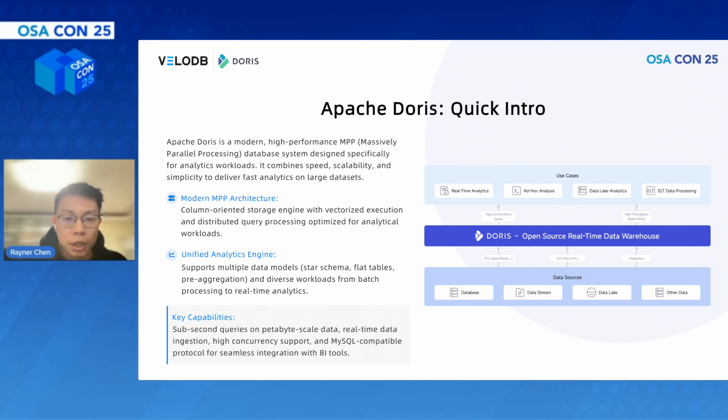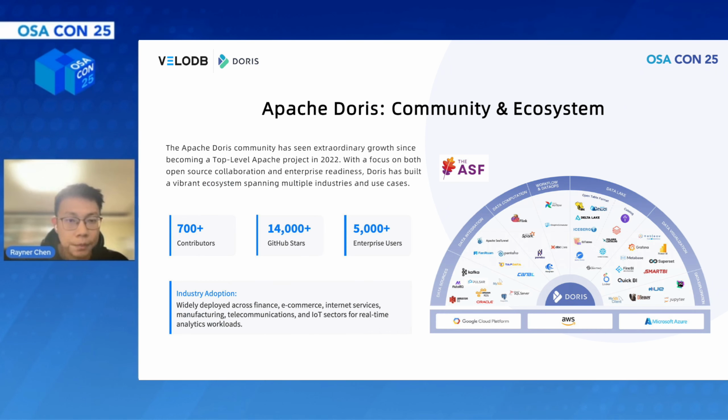Doris is also compatible with the MySQL protocol and supports standard ANSI SQL, which makes it very user-friendly for anyone familiar with SQL development, and simple to use. Apache Doris can also act as a unified query engine. That means Doris can directly query external lake tables like Iceberg, or its own internal format, or even other data sources, and run arbitrary join queries across them.